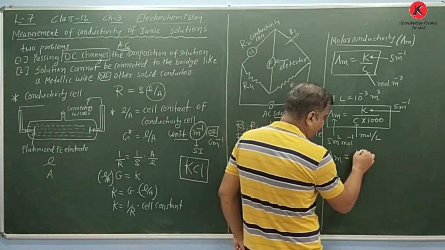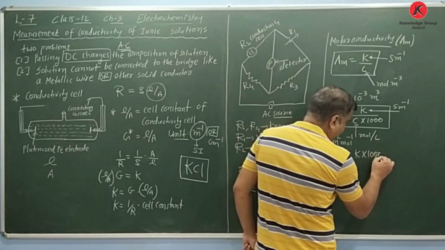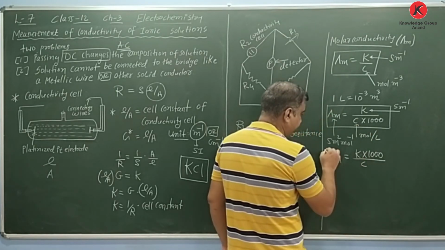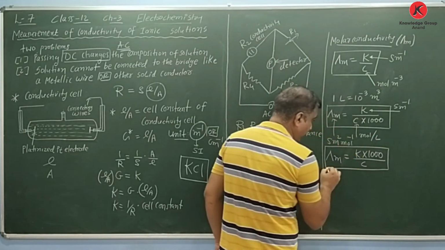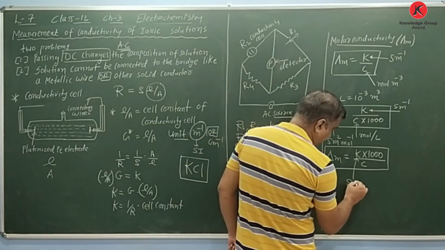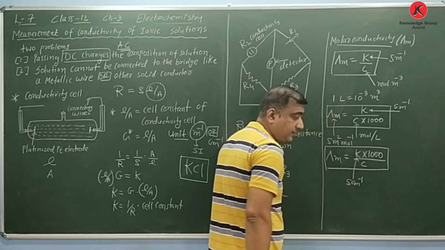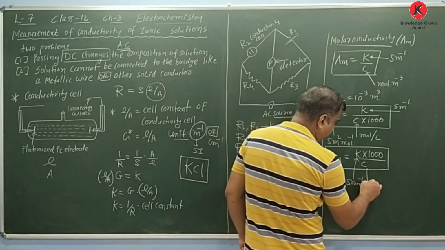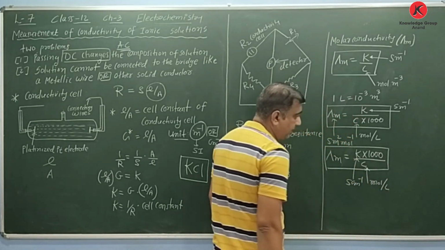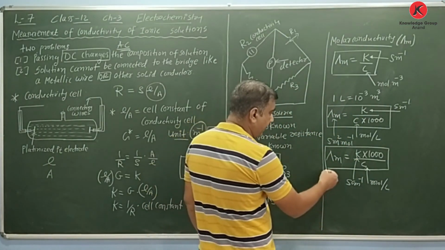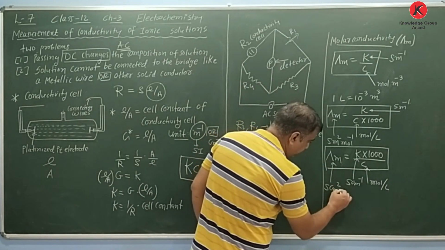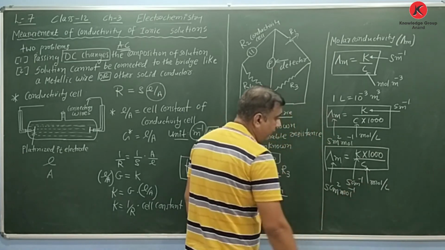Then finally we get K into 1000 divided by C. This will be the formula in which K is in Siemens centimeter inverse, C is in mole per liter, that means molarity, and the molar conductivity is obtained in Siemens centimeter square mole inverse.